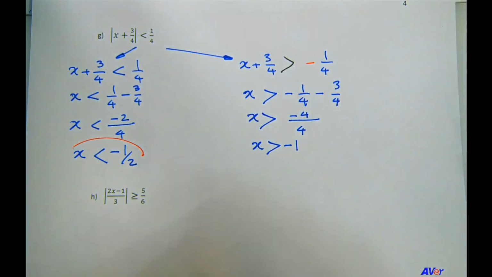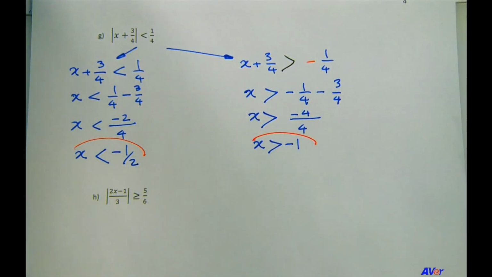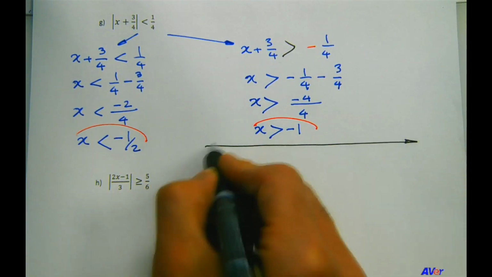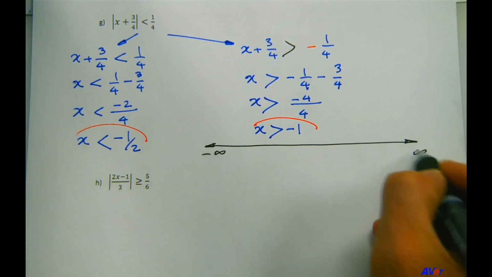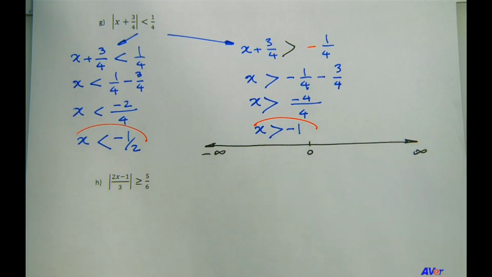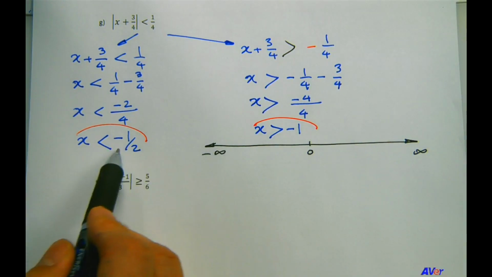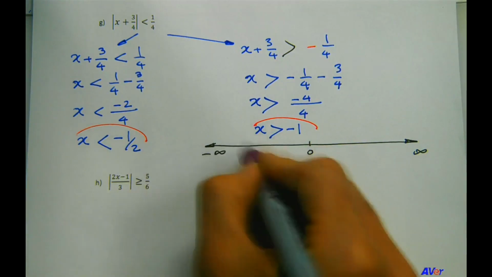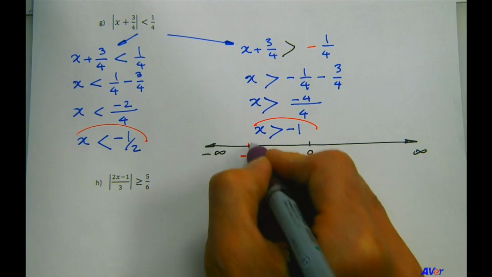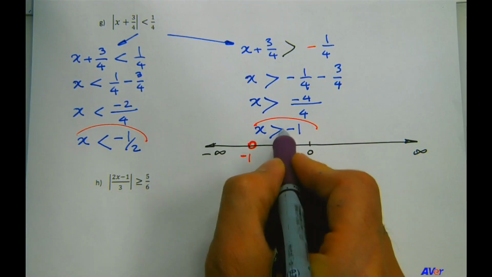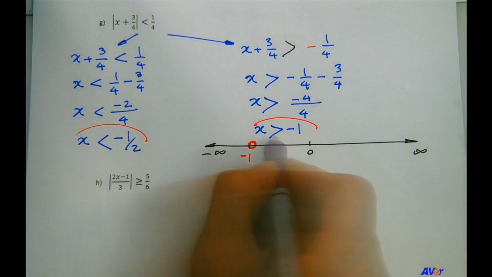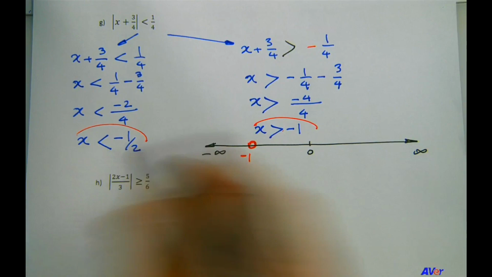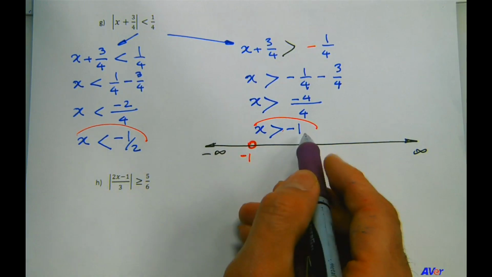So what's the final solution for this? Well, let's draw a real number line. One of the solutions is less than negative 1/2. So if this is negative 1, I'm going to put a hollow circle here because neither solution has equality under it, which means we cannot be equal to negative 1/2 and we cannot be equal to negative 1.